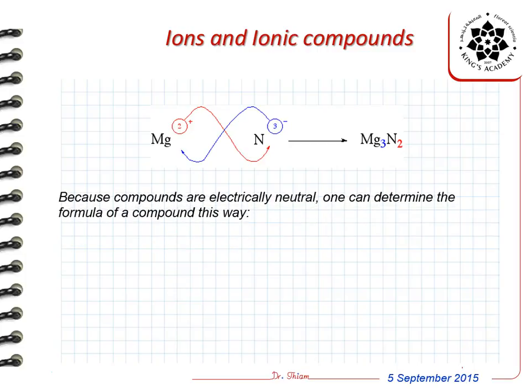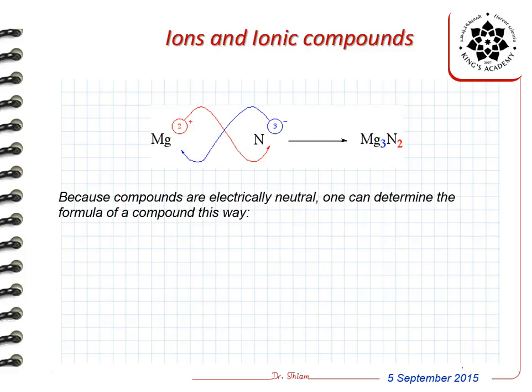The logic behind it is that matter is neutral, so the total number of negative charges should be equal to the total number of positive charges. For instance, in this particular case, we have Mg2+ and N3-.